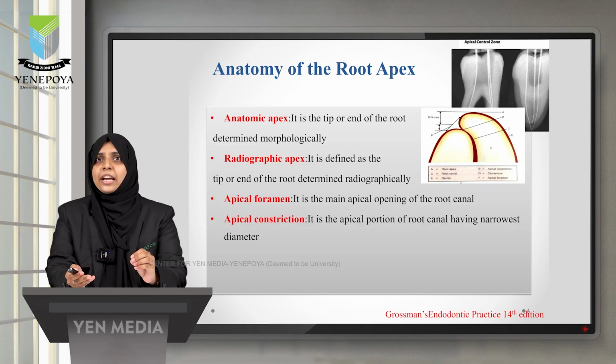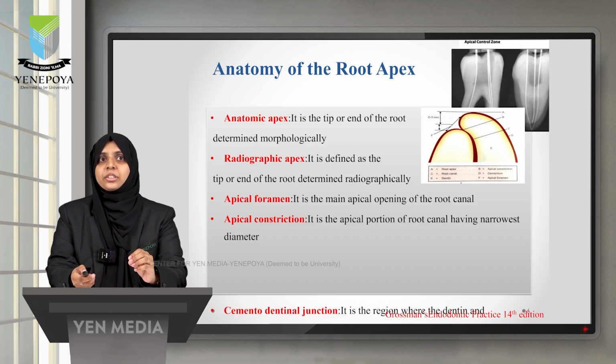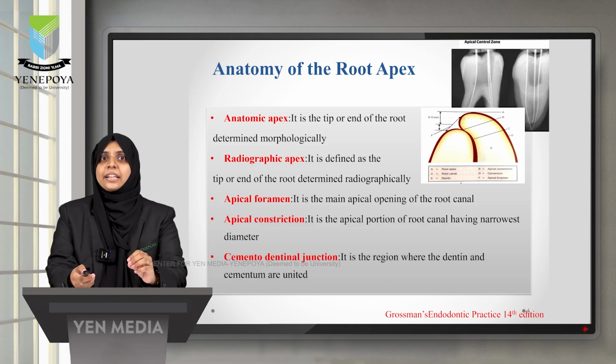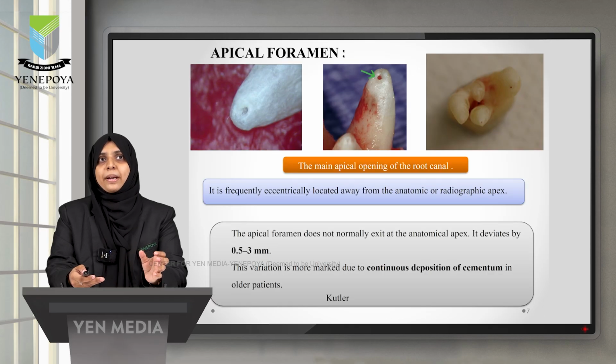Here you can see the B denotes the apical constriction. Then coming to the cemento-dentinal junction or the CDJ, this is the region where the dentine and the cementum are seen to meet.